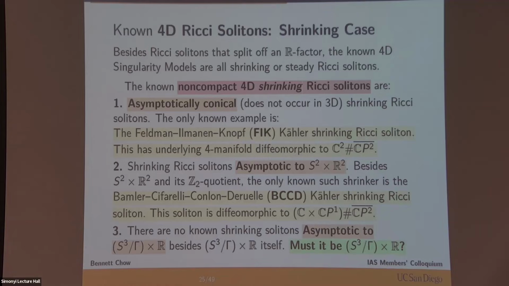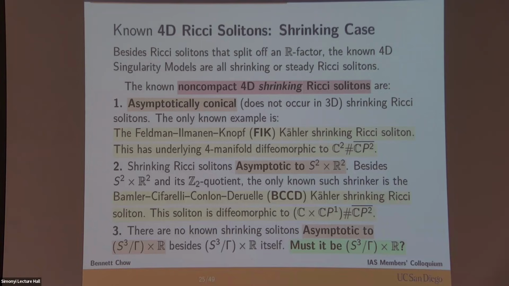Okay, so there is a Kähler shrinking Ricci soliton on a line bundle over CP^1 of degree -1, so it's diffeomorphic to C^2 connect sum CP^2-bar, and this is basically U(2) symmetric. This is proven to exist by Feldman, Ilmanen, and Knopf. It's asymptotically conical, and its asymptotic cone is a cone over a Berger sphere.